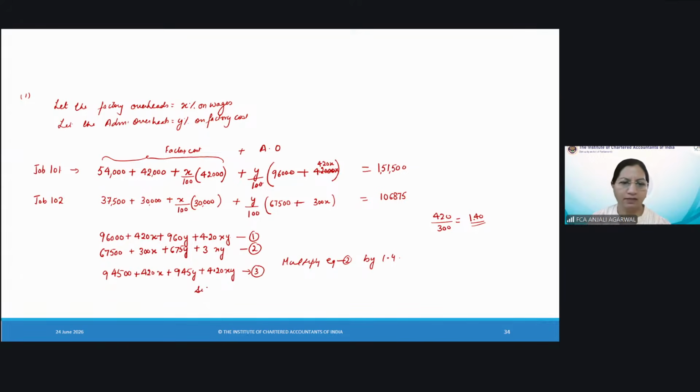Now subtract equation 3 from equation 1. Your 420x and 4.20xy will get cancelled.